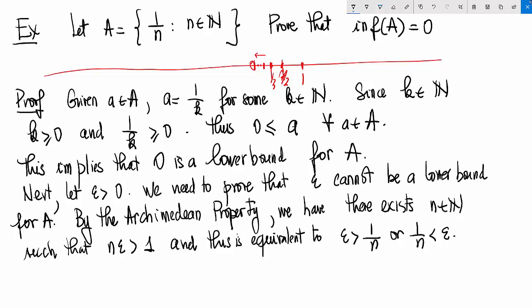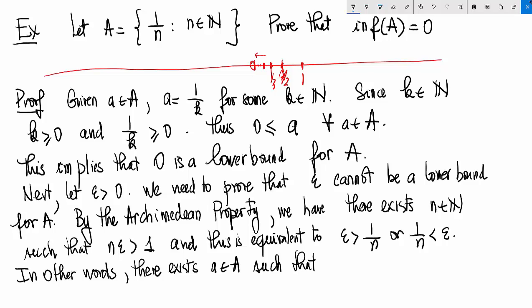So in other words, there exists an element a in the set A such that a is less than epsilon.